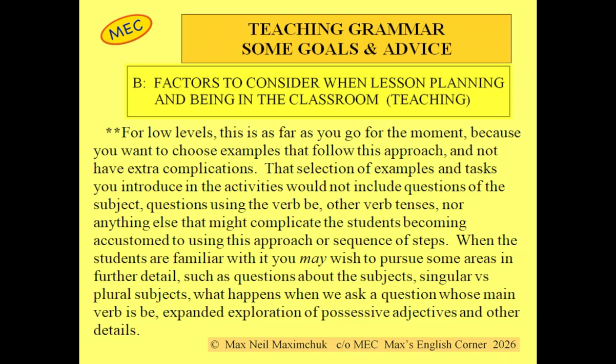When the students are familiar with it, you may wish to pursue some areas in further detail, such as questions about the subjects, singular versus plural subjects, what happens when we ask a question whose main verb is be, or expanded exploration of possessive adjectives and other details.